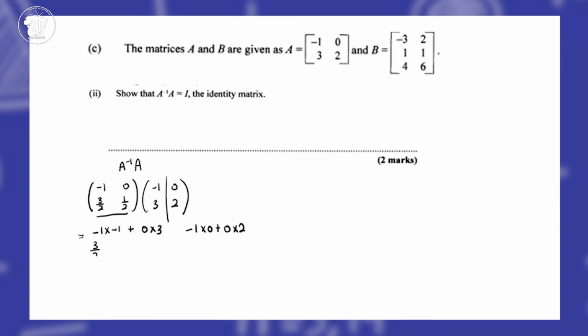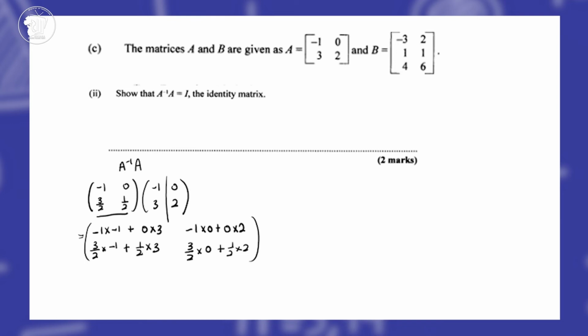So it's 3 over 2 multiplied by negative 1 plus 1 over 2 multiplied by 3. I move on to the next column. So it's 3 over 2 again multiplied by 0 plus 1 over 2 multiplied by 2. You want to look at these numbers, they must correspond. That is a nice hint when you are multiplying matrices, especially 2 by 2.